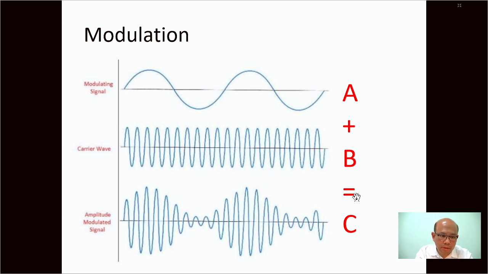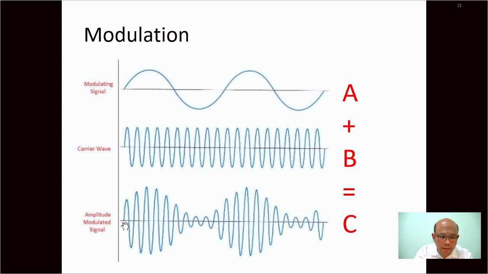This is sometimes called the carrier waveform or carrier frequency. After I have two signals, A and B, I add signal A and signal B, and the combination of A and B will be signal C.